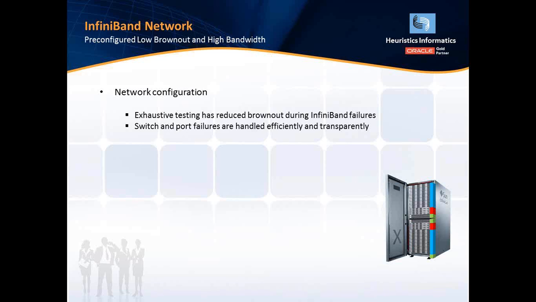That includes your database servers, that includes your storage servers. In addition, the switches that are connected to those database and storage servers by themselves are redundant also. So all failures in terms of switch, port, NIC, they are all handled transparently, and the end user doesn't even realize that there is some problem happening.